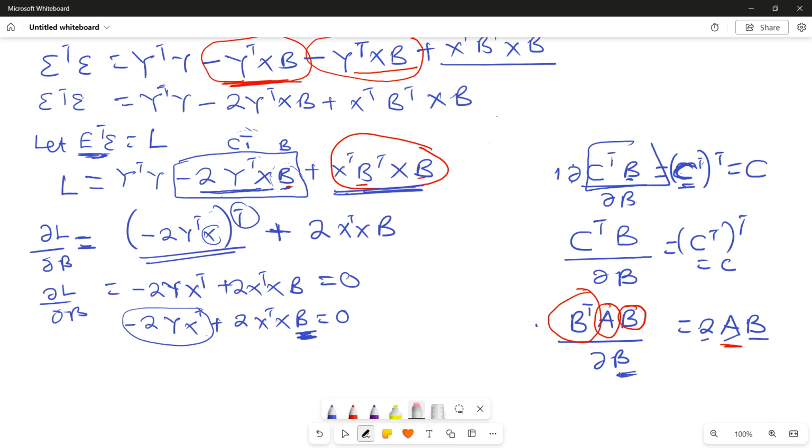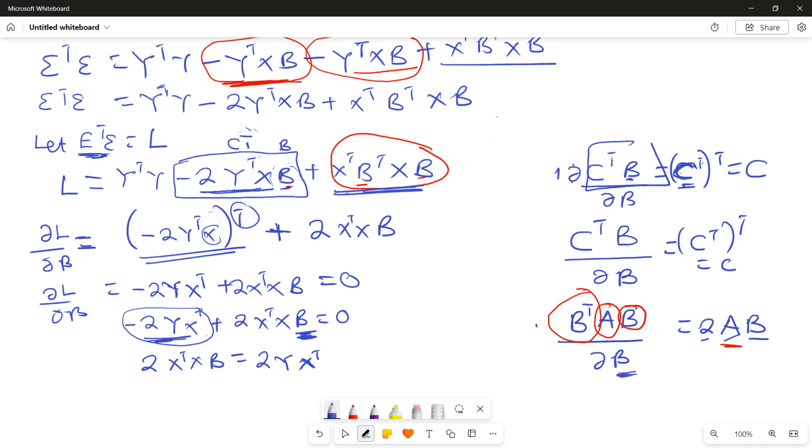So let's take the other term to the other side of the equation, so that on the left hand side we have 2x transpose x b, is equal to, this guy is negative, and when it crosses the equal sign it becomes positive, so it will now be 2y x transpose.